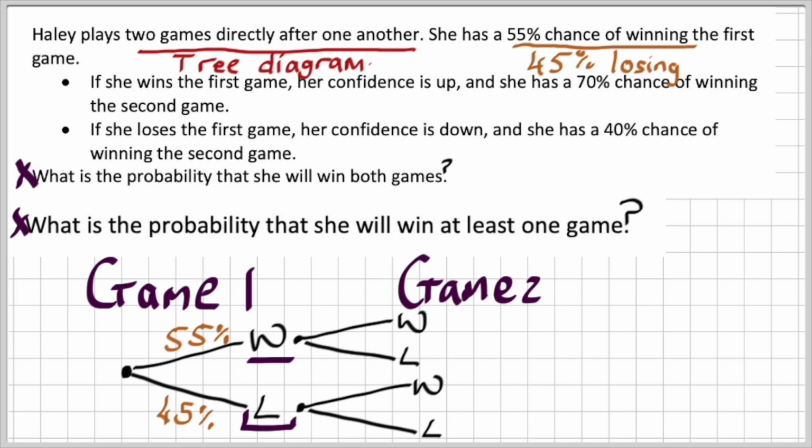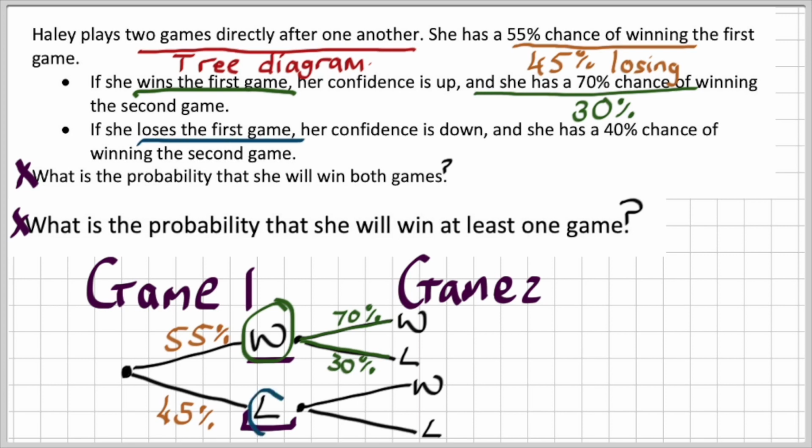Now let's analyze the rest of the question. If she wins the first game, meaning she ends up on the top leg, she's got a 70% chance of winning, and therefore a 30% chance of losing.